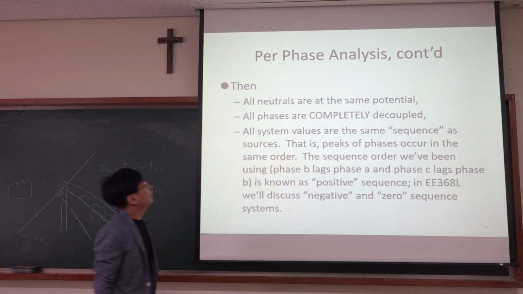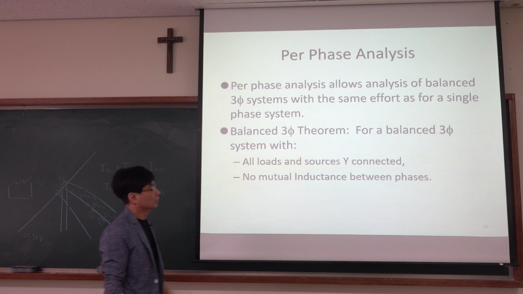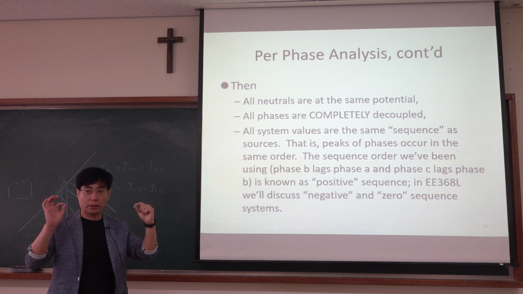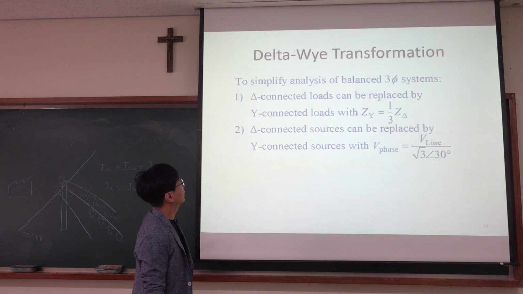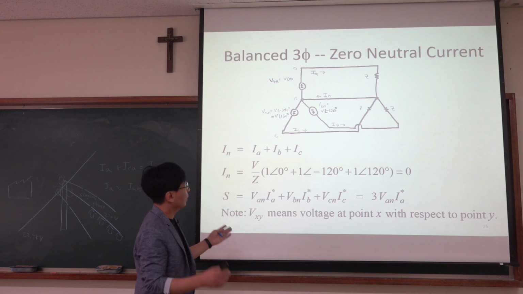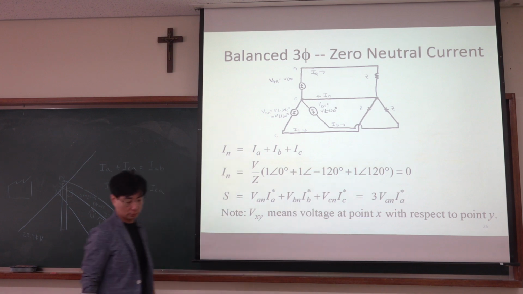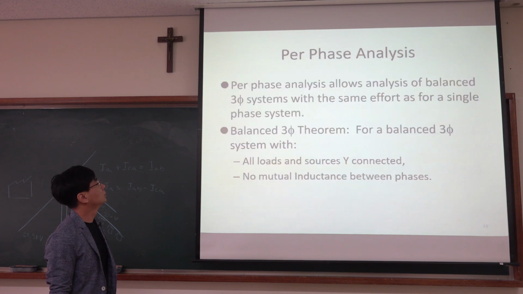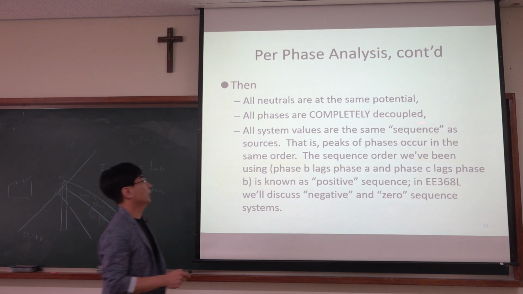So all neutrals are at the same potential. That means even if we have the neutral line, there is no current in the neutral line because the potential at the 2 points is the same. I mean, when everything is balanced, the voltage here and there are the same, so no current. So all phases are completely decoupled.